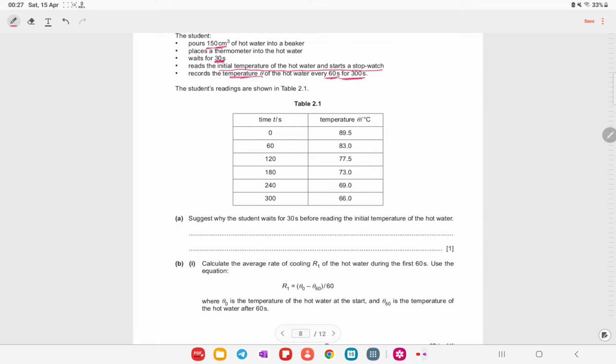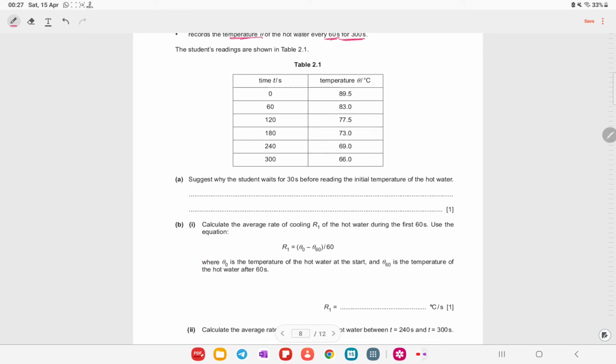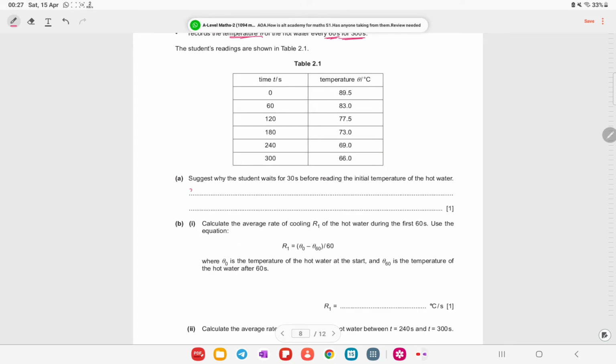Suggest why the student waits for 30 seconds before reading the initial temperature of the hot water. So obviously, he has waited 30 seconds to allow the thermometer to respond properly or uniformly.